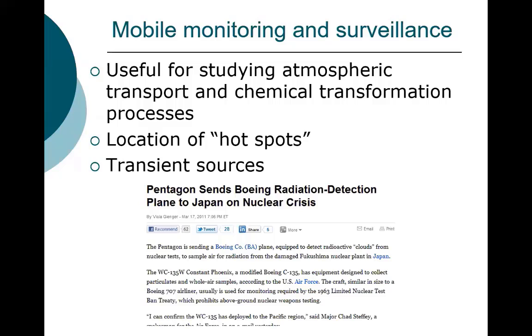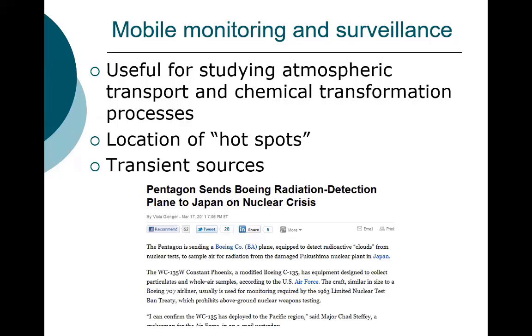They flew planes across the Pacific, and they were continuously monitoring for radiation from the Fukushima nuclear power plant. The same thing can be done with fires, so you can monitor particulate matter. Volcanoes are a similar event. So you can use these mobile stations for these types of transient sources.